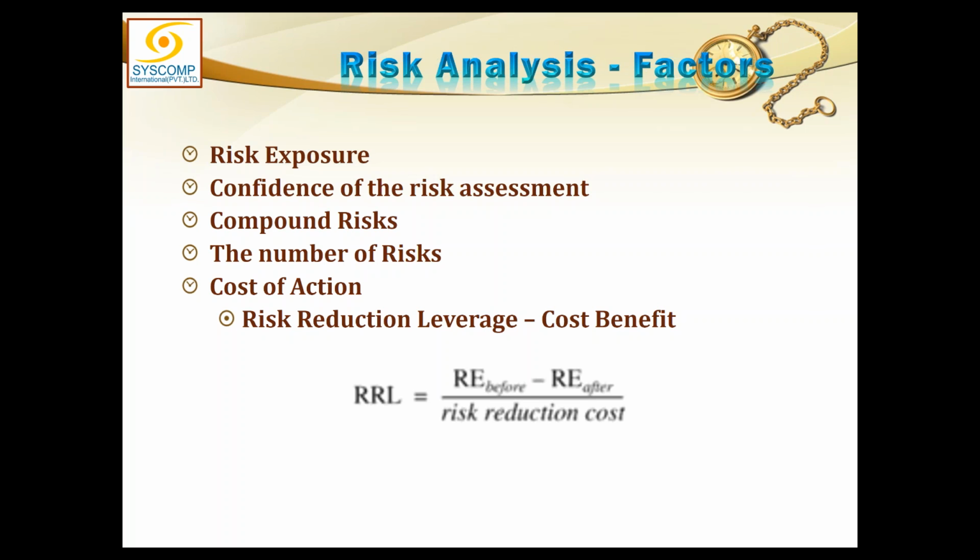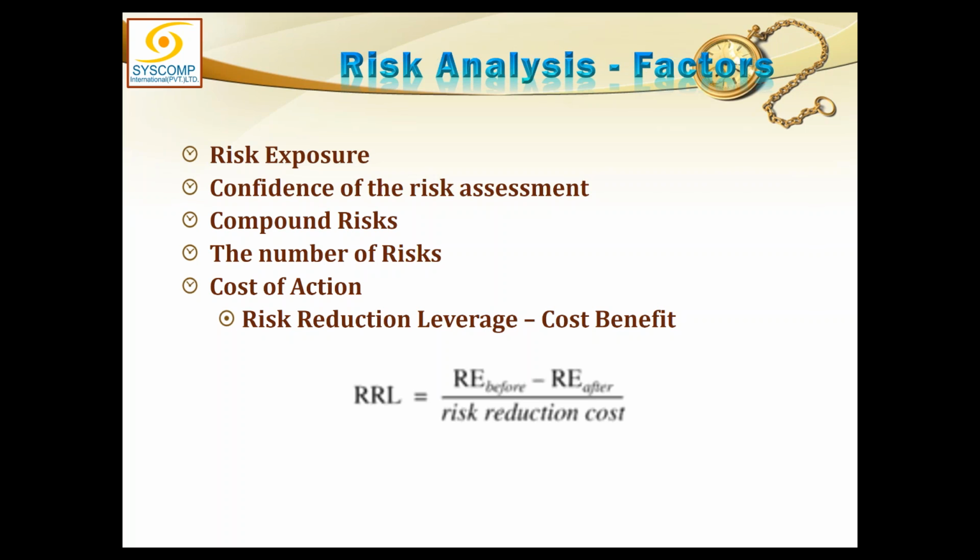So to get that 90,000 benefit, I have to spend 150,000. So 90 divided by 150 would give me a value less than 1, which simply tells me that it is not feasible to replace the wiring.